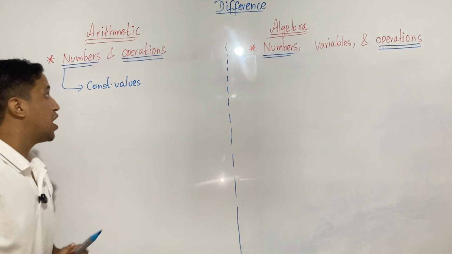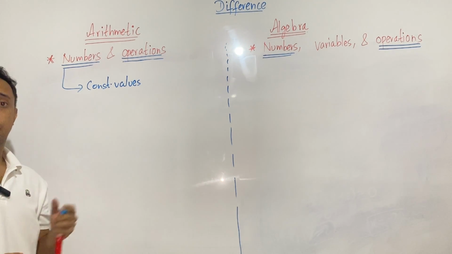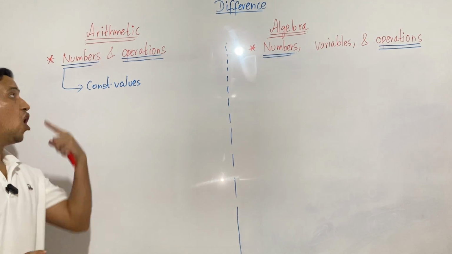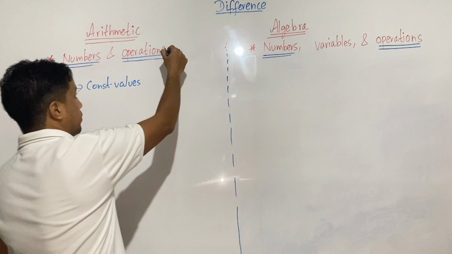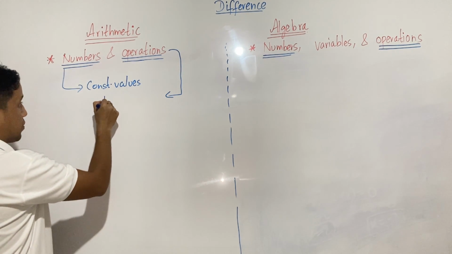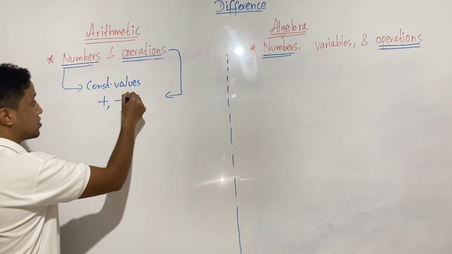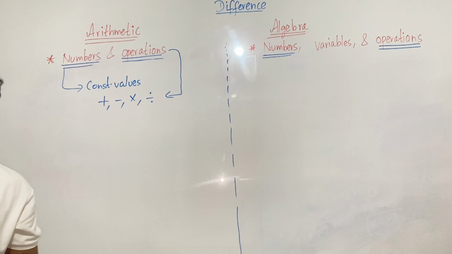And operations are the operations that we perform on these constant values or numbers. The arithmetic operations are represented by the operator signs plus, minus, multiply, or divide.